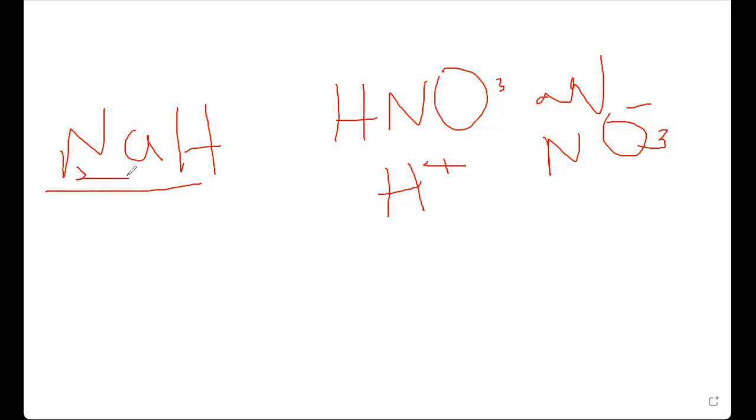This is sodium, and that is hydrogen, metal and non-metal, an ionic compound. And ionic compounds are stronger. You cannot break ionic compounds easily, so you will not get anything here. So this is not an acid because it will not dissociate into its ions. It will not give you H plus ion.